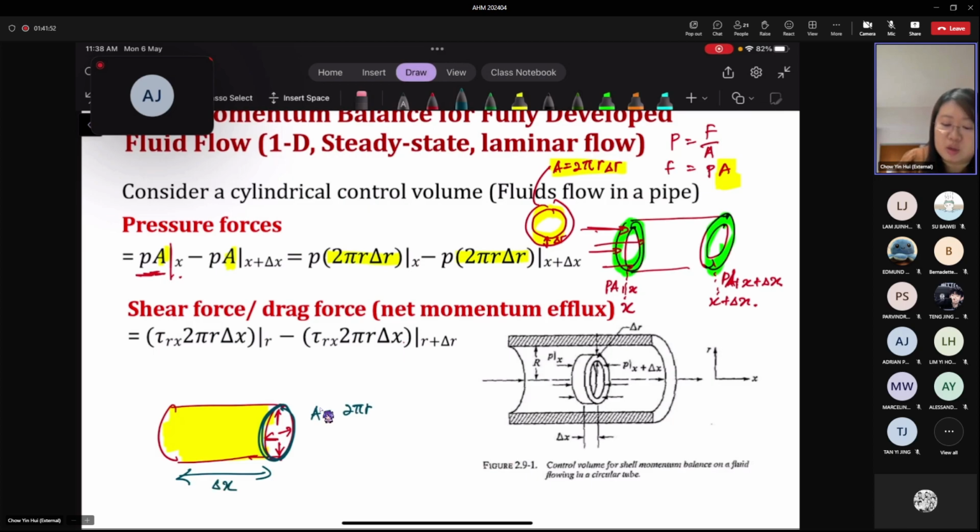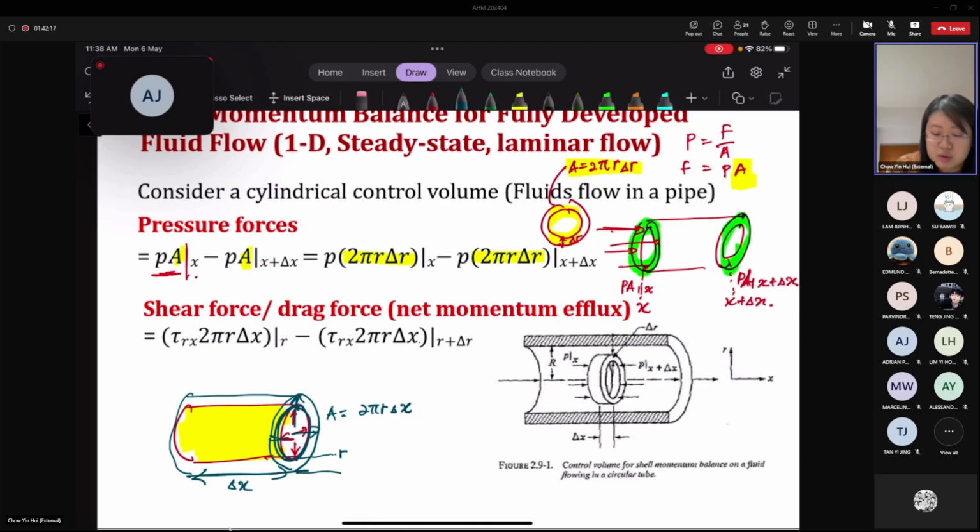That's why it's multiplied by delta x. And for the boundary, because the shear force acts in the radial direction, it goes from r to r plus delta r.